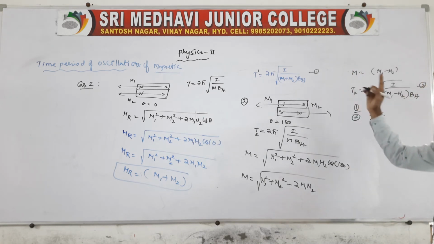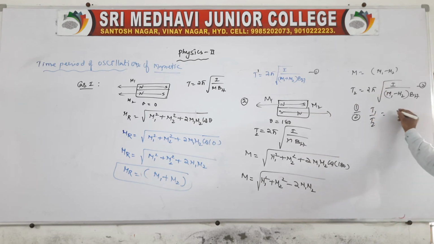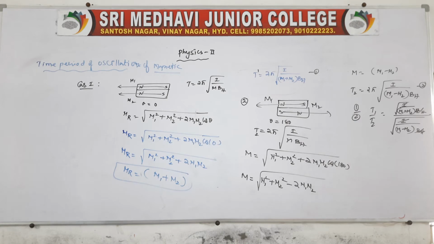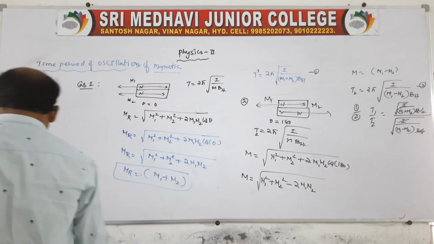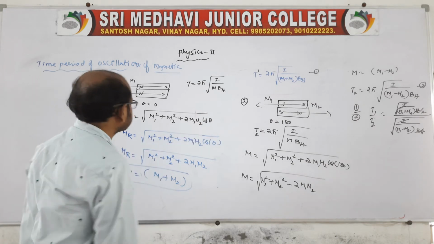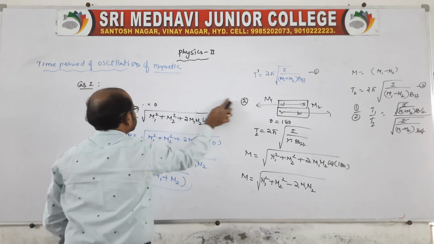So 2π will cancel, and here √(I/((M1 + M2)BH)) by √(I/((M1 − M2)BH)), clear. So I cancels, BH is cancelled. Okay. Now we'll move to the next one, simplification.